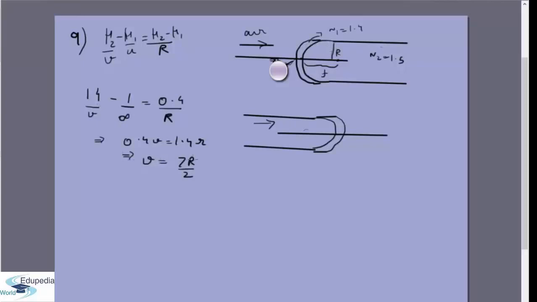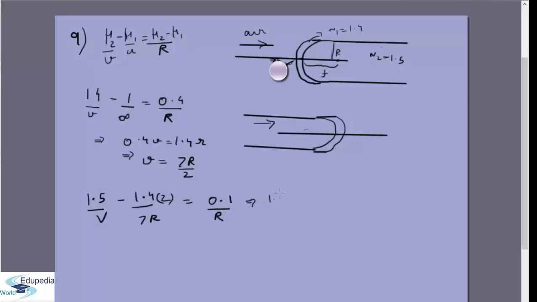So this equation gives us V is equal to 7R by 2. So for the second one, that will be U. So for the second one, 1.5 by V minus 1.4 by U, which is 7R by 2, is equal to mu2 minus mu1, 0.1 by R. Again, R is still positive. Right.